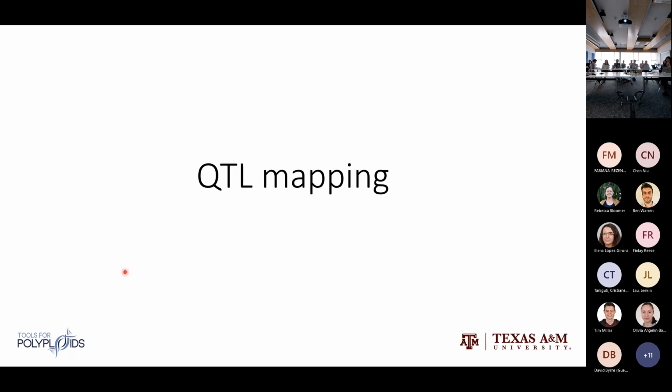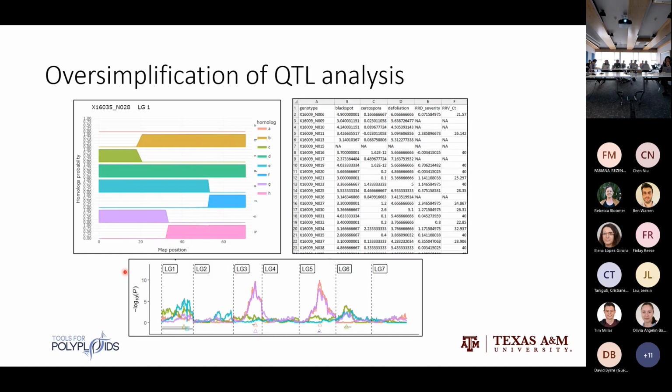So for QTL mapping, after you do your linkage mapping, what you're going to have is something like this. For every single individual, you will have genotypic probabilities and homolog probabilities. We saw some pictures of this earlier during a couple of talks, but this is the map position down here in centimorgans, and on the y-axis is the probability that this individual has each one of these parental homologs.